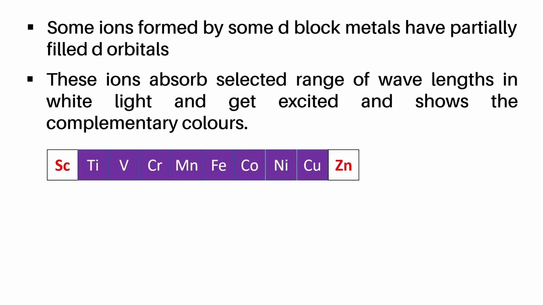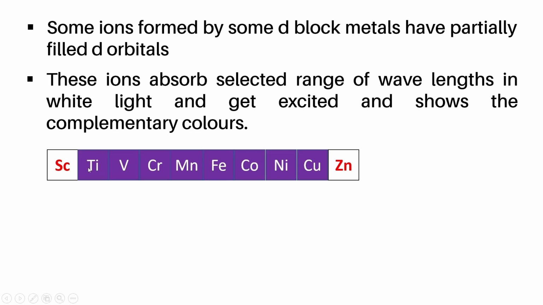Now you have been given some D block elements, actually 3D block elements, scandium to zinc. The ions formed by scandium and zinc do not show colors in aqueous solutions because they do not have incompletely filled d orbitals.